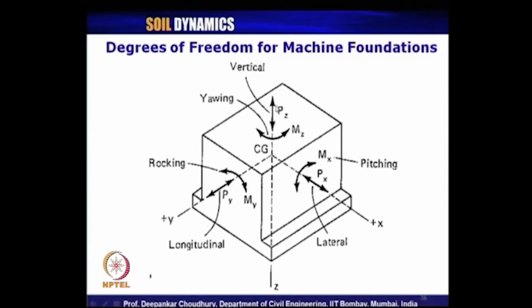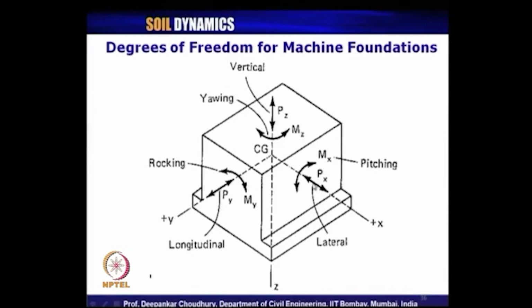If the foundation is vibrating in this direction, that is called vertical vibration for machine foundation. In that case, the dynamic load is this Pz, the vertically applied dynamic load that is causing the vertical vibration to the machine.